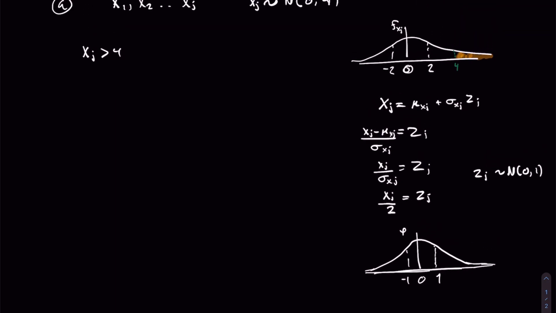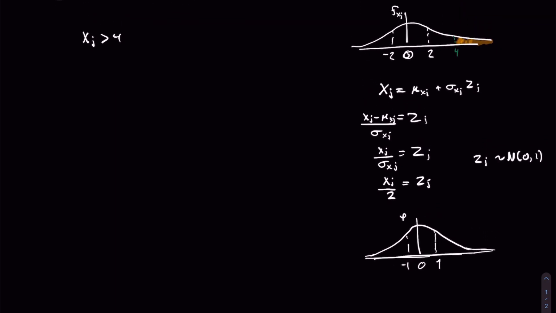So what does it mean now to have the following events here? Well, it would just mean that we're looking for 2 standard deviations away here, and looking for this region. So this region here is exactly the same event as this region here, just in a transformed scale.